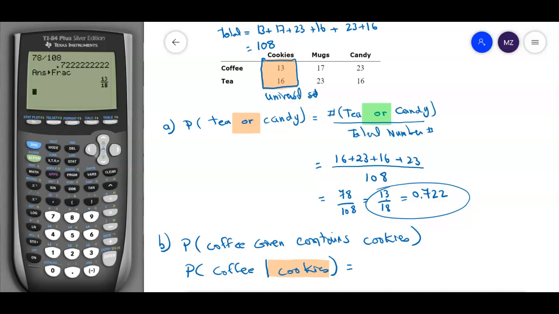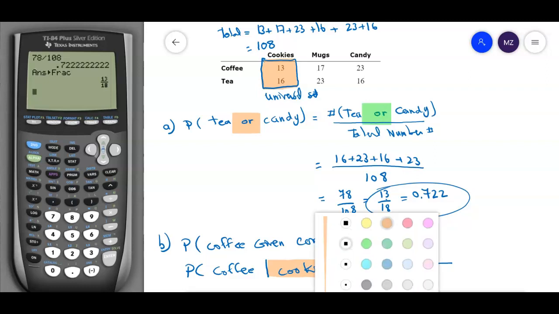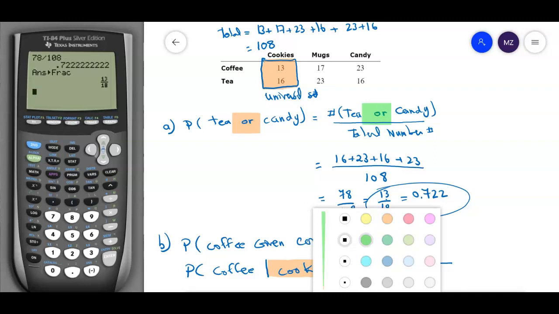So what I mean about the universal set: before, the whole box used to be the universal set. Now our total would be just these two. So it means we are dividing by 13 plus 16 only. Now going back to the coffee, the coffee is your event.